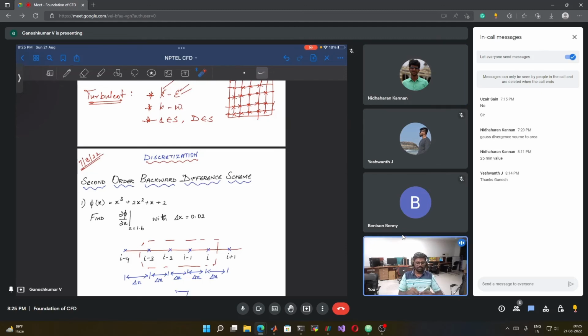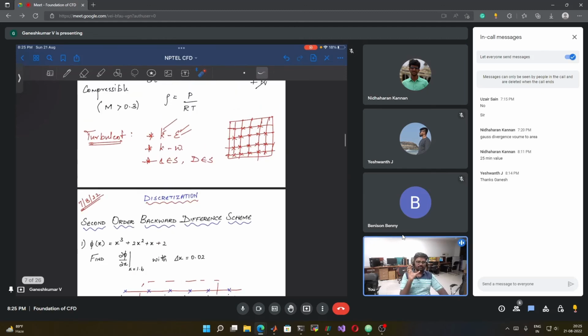So you are interested in some areas of interest, right? That's when there are three different methods you have: the finite difference method, the finite volume method, and the finite element method.